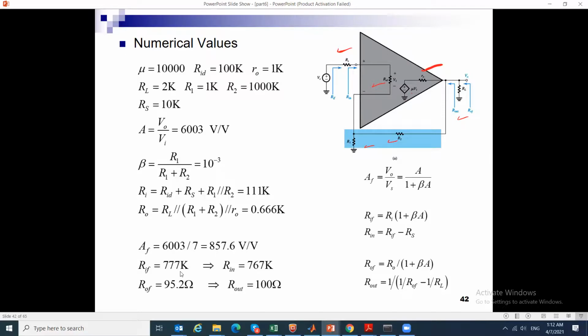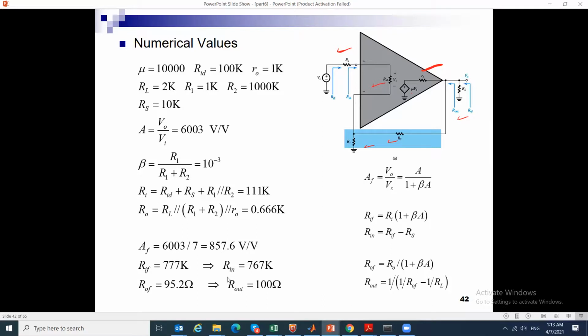We find RIF, and from it we can calculate Rin, and we find ROF, and from it we can calculate R out. Okay, so starting with a load resistance which was around 2K, we were able to include it in the modified A circuit, and then we found ROF, and then we found R out of the full feedback amplifier.